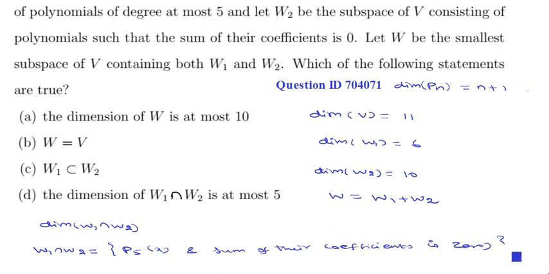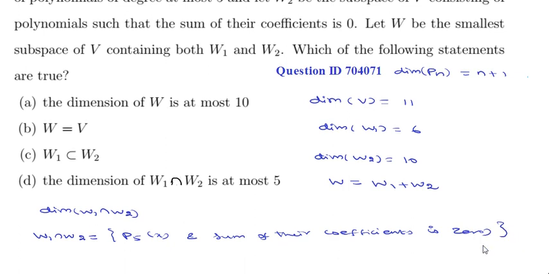Therefore, the dimension of W1 intersection W2 is 6 minus 1, so this is 5.